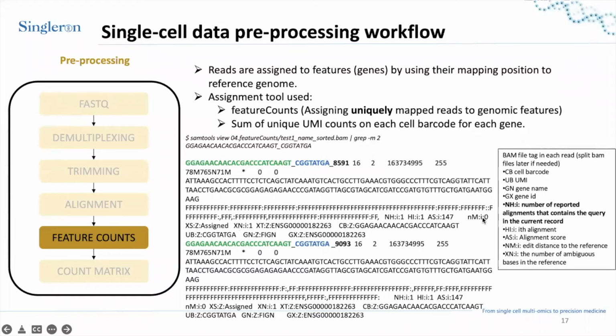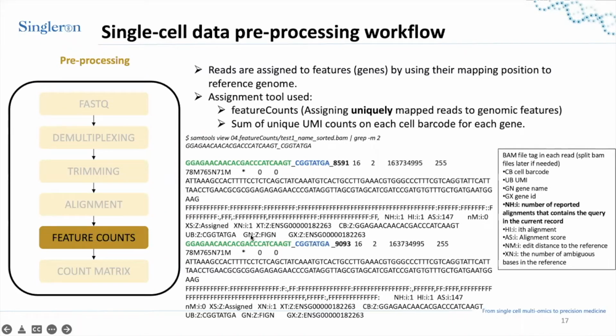So here 0 means it is a full 100% match with the genomic sequences. And then the XN is the number of ambiguous bases in the reference, which means in the reference we may have an N or some other nucleotides other than ATGC itself.